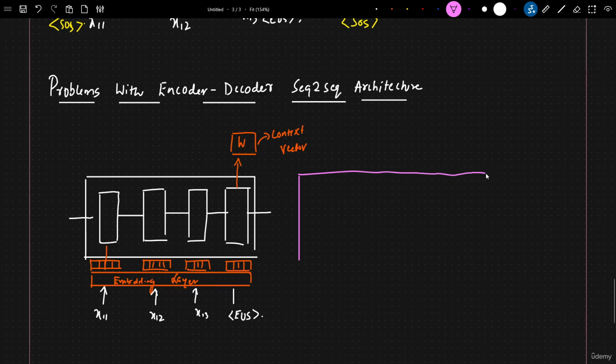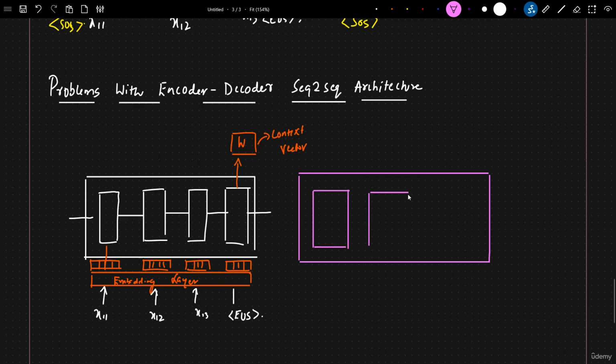Any use case which has this entire encoder decoder architecture is usually solving a sequence to sequence problem statement. So let's consider this is my decoder, and here again I will have my LSTM, and let's say in this case I draw 3. This entire line will get passed to this, and here I will pass my SOS, the start of the sentence.